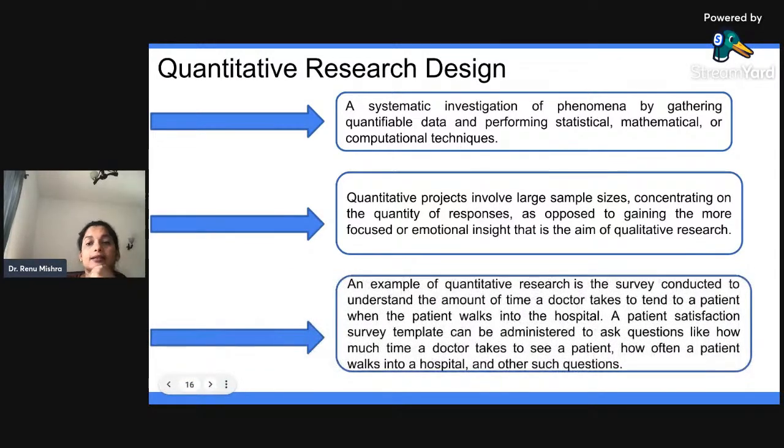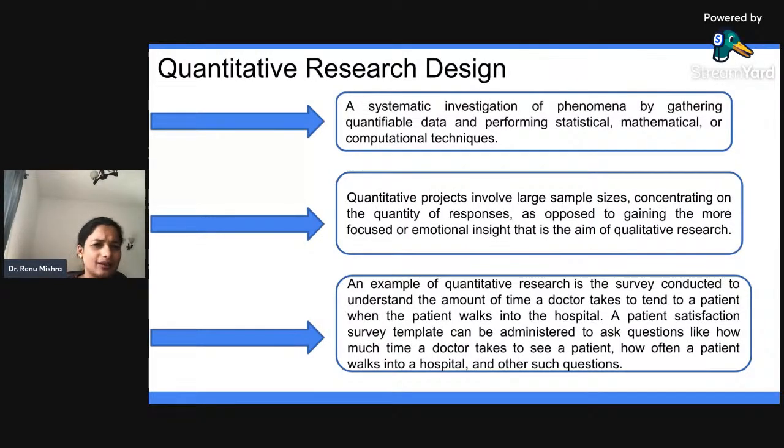An example is a survey conducted to understand the amount of time a doctor takes to tend to a patient when that patient walks into the hospital. A patient satisfaction survey template can be administered to ask questions like how much time a doctor takes to see a patient, how often a patient walks into a hospital, and some other questions.